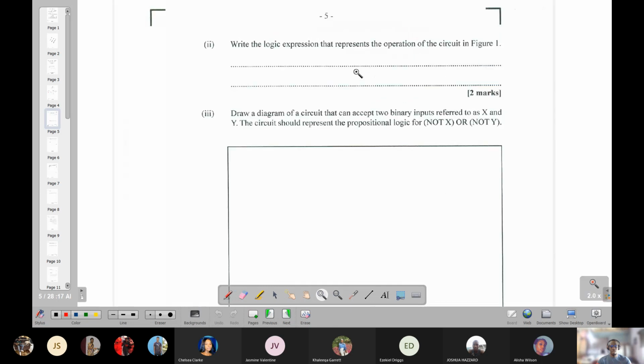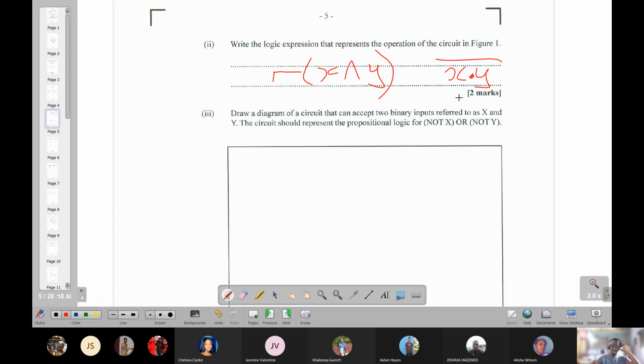Next. Write the logic expression that represents the operation in the circuit. We just did that up there. So the logical operation would have been NOT (X AND Y), or you could put X AND Y with the NOT in front. Either one is fine.